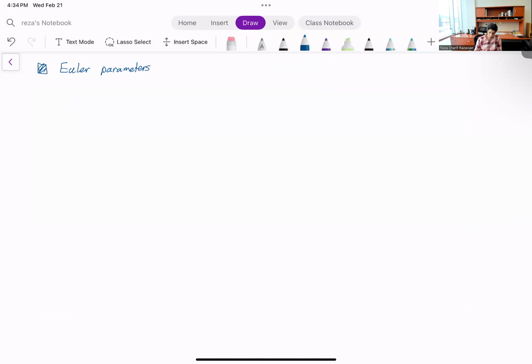So again, it's a four-parameter description of rotation. It is defined as follows.